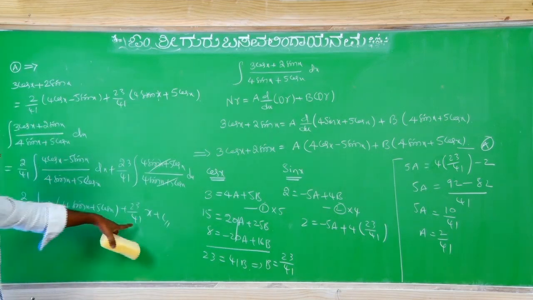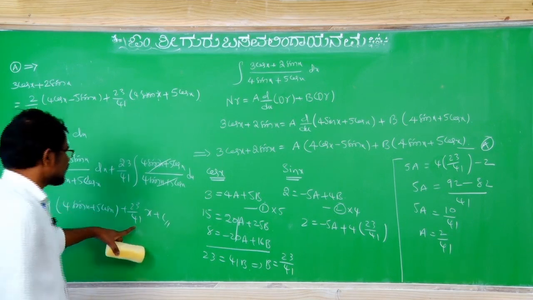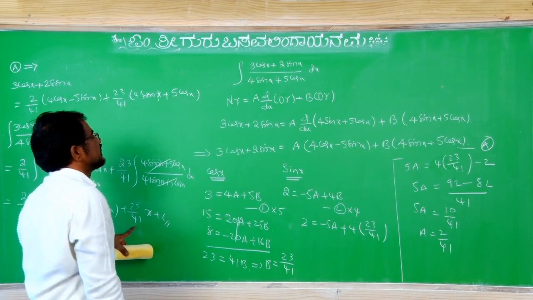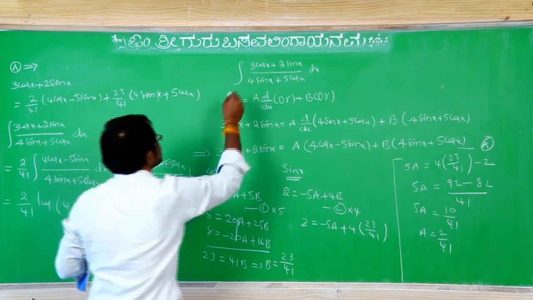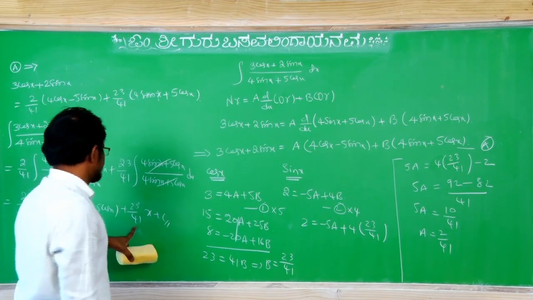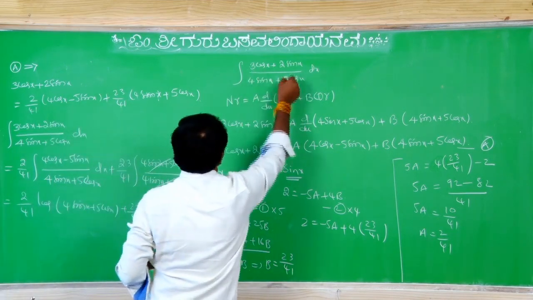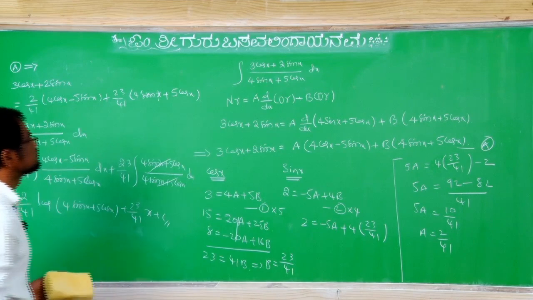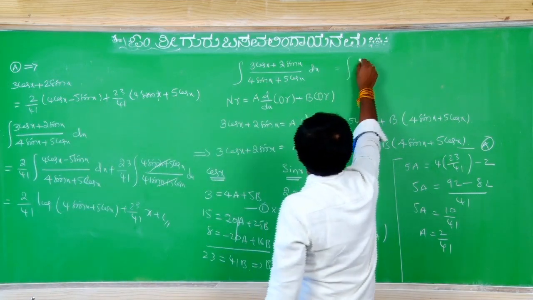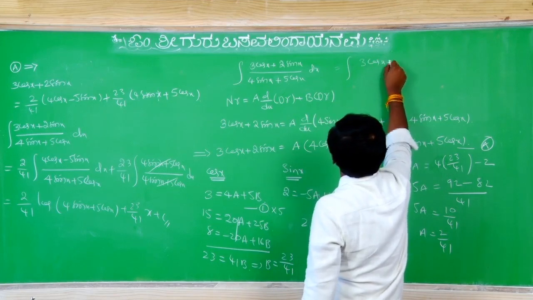So this B, how to find? Yesterday we took AD plus BC, AC plus BD, plus this one divided by C square plus D square. So if you take like this, A cos x integration of 3 cos x, that should be like this.